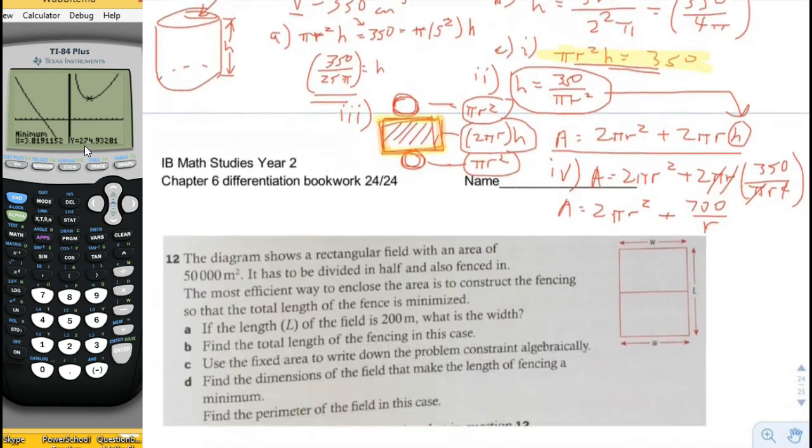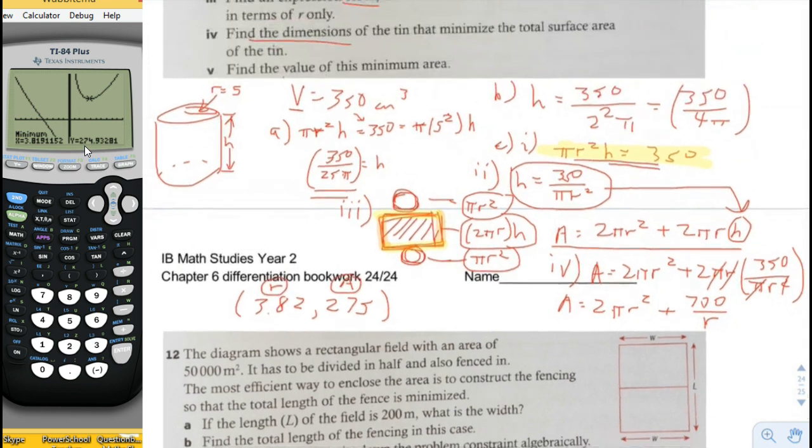So that means that our minimum point is going to be 3.82 and 275. 275 is the area, and 3.82 is r. And there's the area right there. They wanted to know that.